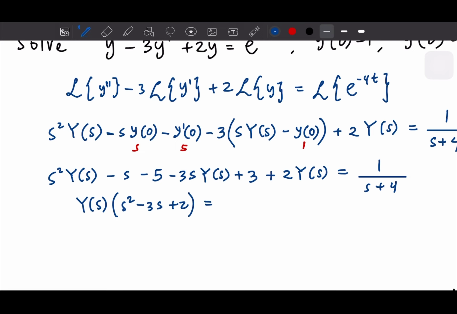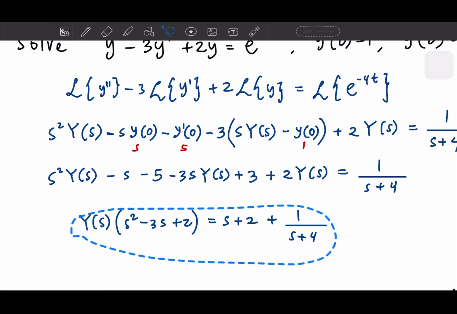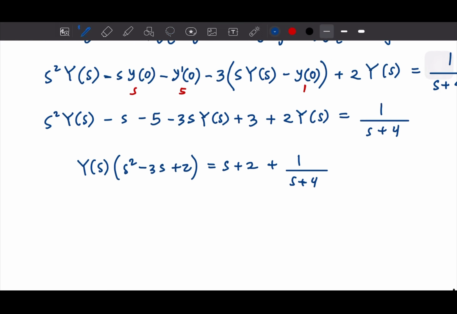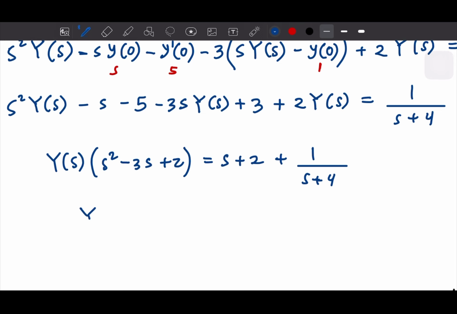So we have s plus 2 plus 1 over s plus 4. Okay, and then we take the solution for capital Y. So we divide all by s squared minus 3s plus 2.